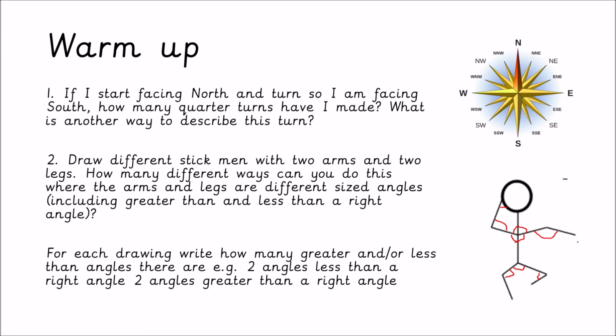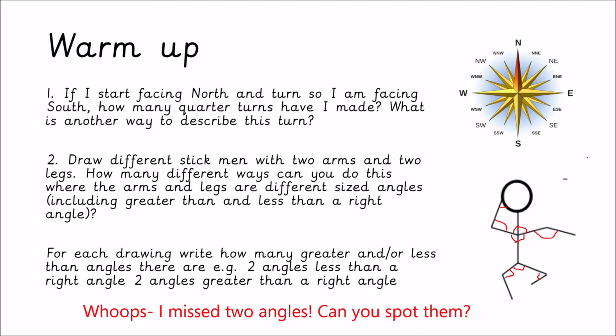So we need to count how many of them are less than a right angle and how many are greater than a right angle. So we've got this one's less than a right angle, this one's less than a right angle. This one's less than a right angle and this one's less than a right angle, so that's 4. This one's less than a right angle, so that's 5. So I would say there were 5 less than a right angle.